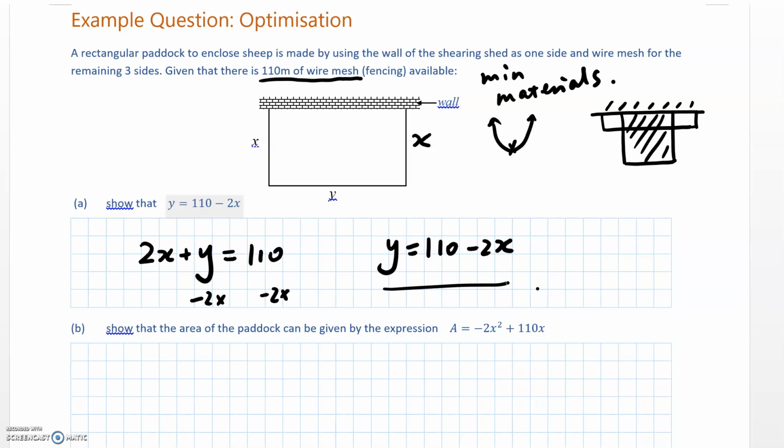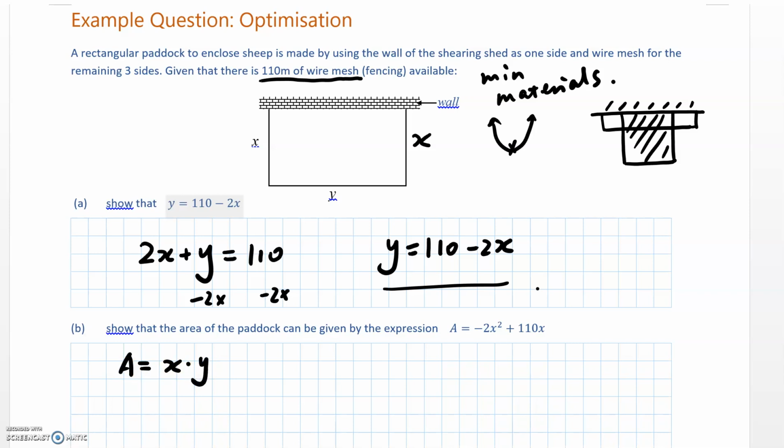Let's have a look at question B. Show that the area of the paddock can be given by this expression. We all know that the area of a rectangle is the width times the length, so the area is x times y.